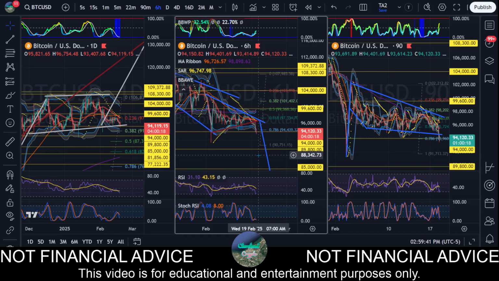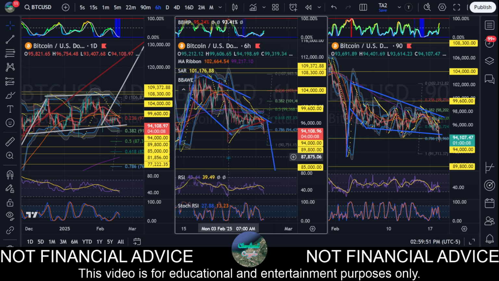All right, nothing really else to say. Downside down to 89 possible, maybe a stop here at 91.5, but most likely we're going to see both these wicks get candlesticked down here to 89K, which means we'll have to adjust our thing. But again, it could get candlesticked here.